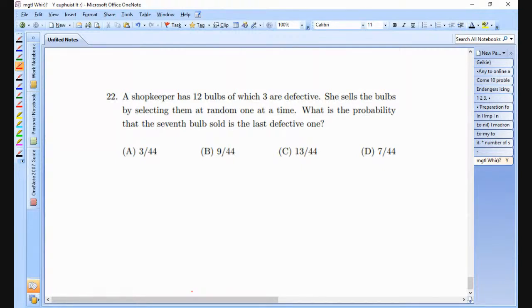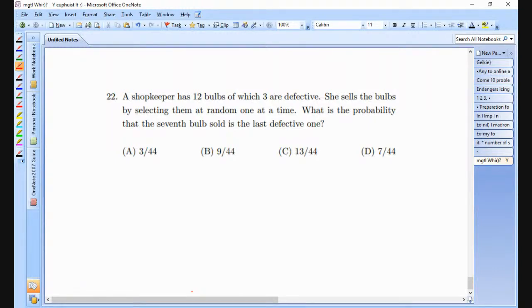So 9C4 into 3C2 divided by 12C6. This is until the 6th. Now we are left with only 1 defective and 5 non-defective. So the probability of the last defective will be 1 by 6, and then it is done.